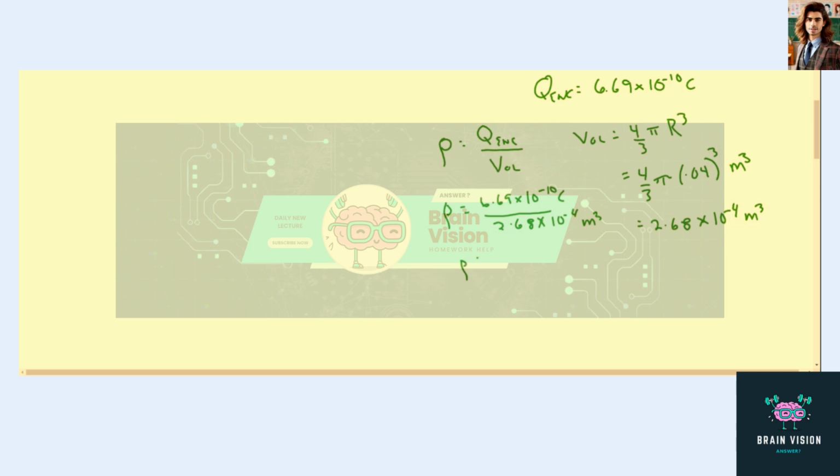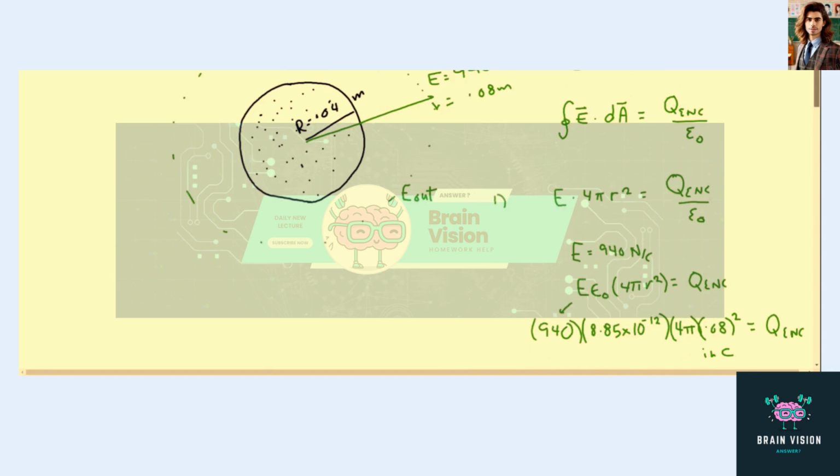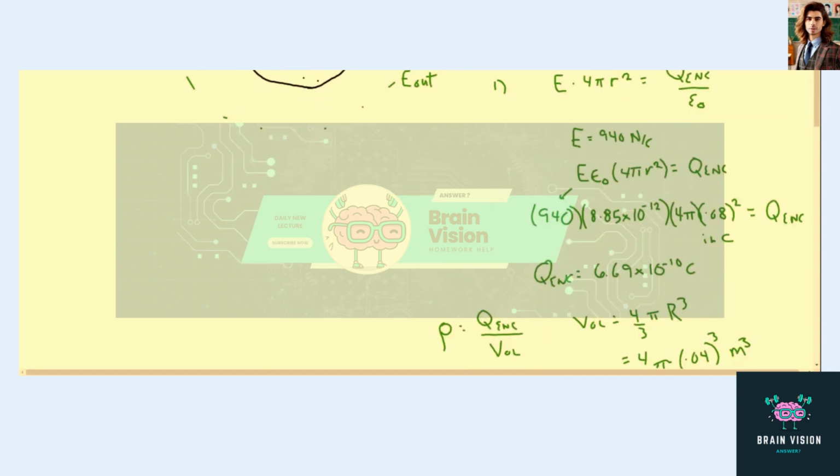Okay, so we have our density is 2.50 times 10 to the minus 6 coulombs per cubic meter. Now we want to find the electric field inside, specifically at 2 centimeters from the center of the sphere.